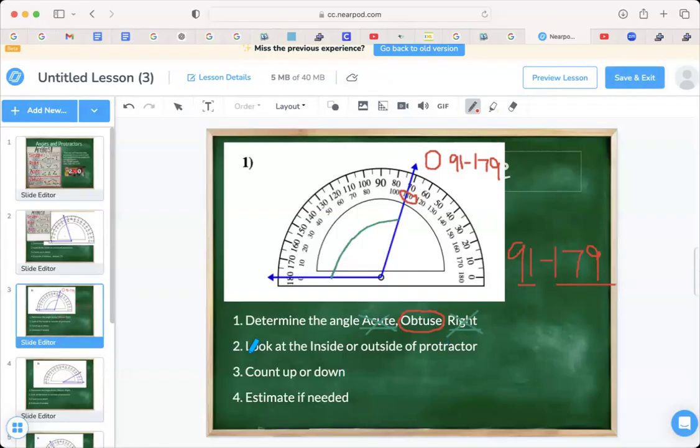Next thing I got to do is see if I'm counting up or counting down. Do I count from 100 to 180 or from 180 to 100? I count from 100 to 180.